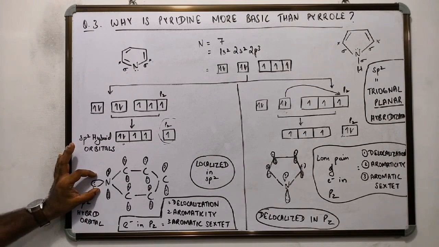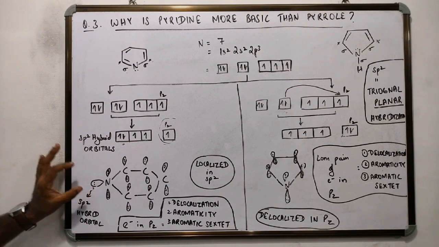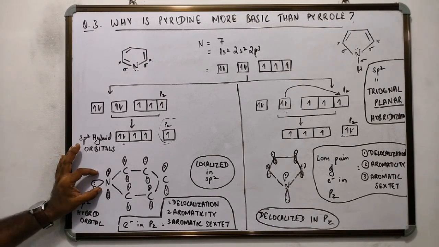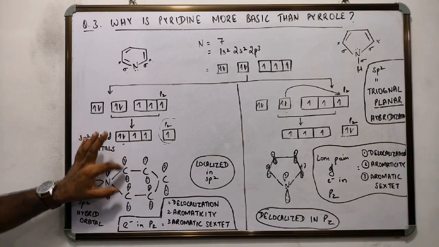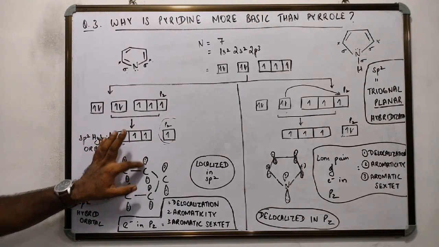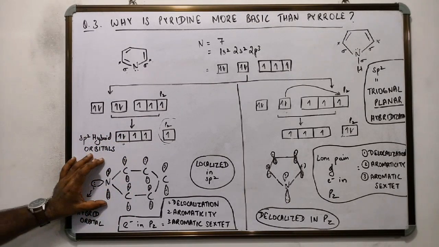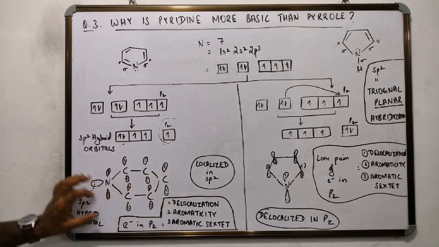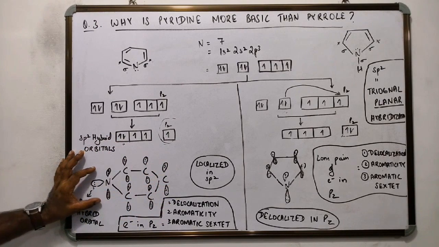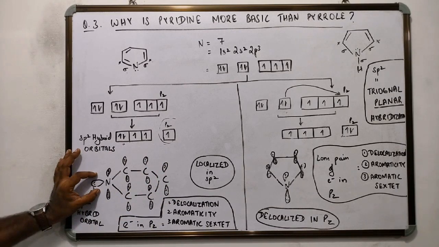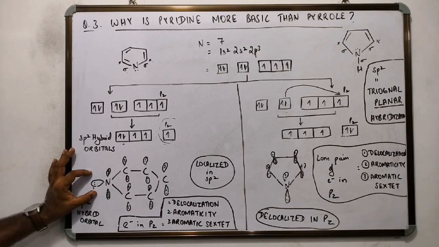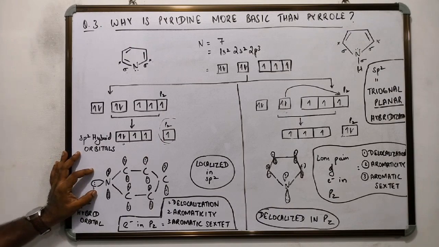Being in an sp2 hybrid orbital makes it localized, because it is not in the same plane as the pz orbitals, and thus does not take part in any kind of delocalization. As it is localized, it is more readily available for any proton or for any Lewis acid.